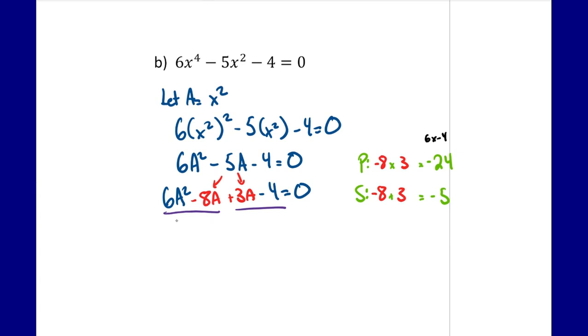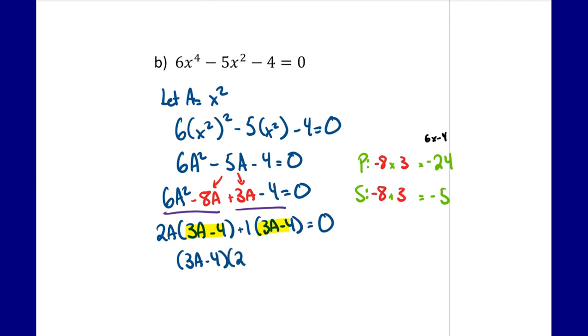So I end up with 2a times 3a minus 4. And if I just take out 1, I get 3a minus 4. So the same thing, which is our goal. We want to get the same bracket. So then I can factor out that bracket. So factor by grouping, I get 3a minus 4 times 2a plus 1.